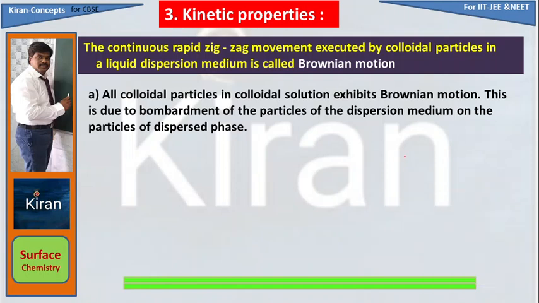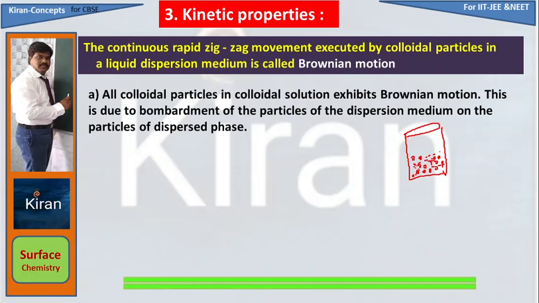Here, in a solution, this is water, and we are adding some colloidal particles. These colloidal particles will move in a zigzag motion. This zigzag motion is termed Brownian motion.